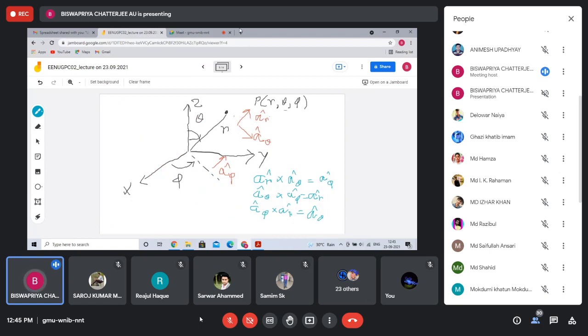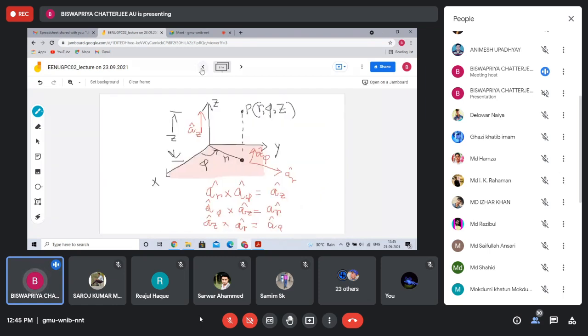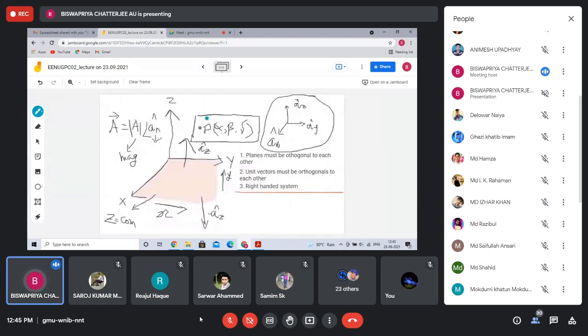So now coming back to my initial question, what is the guarantee that if today someone has come up with a new conception to introduce a new coordinate system, will that be a valid coordinate system or not, whether everyone will obey it or not? The answer lies in these three conditions.